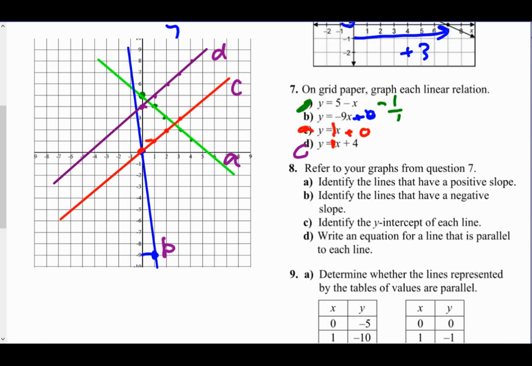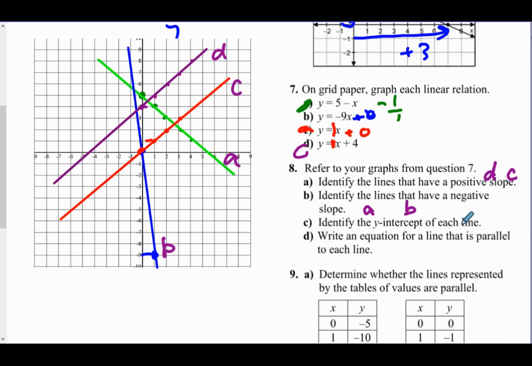The two sloping up in an upward motion, D and C. Identify the negative slopes. Well, A and B, because they're going downwards.